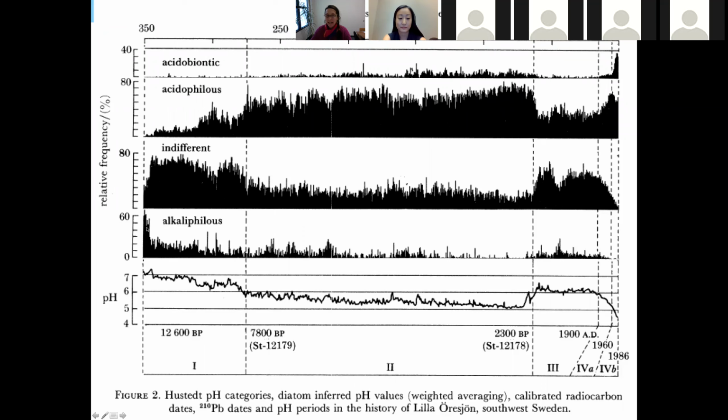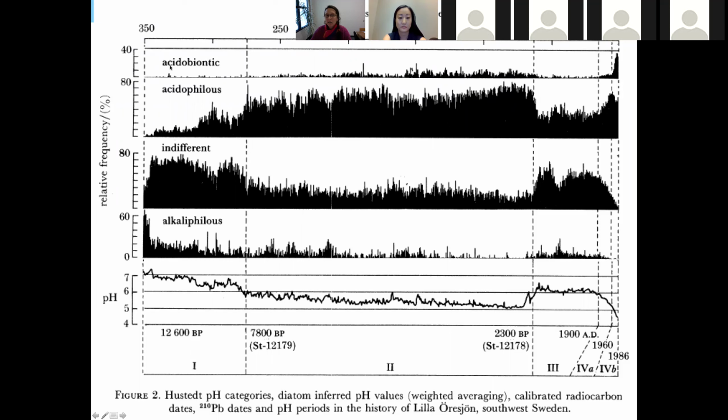Diatoms that like really alkaline water, the alkaliphilous, alkali-loving, decreased over time from 12,000 years to the present. The acidophilous diatoms, the ones that like acid, went from being relatively low and increased over time with some bumps.